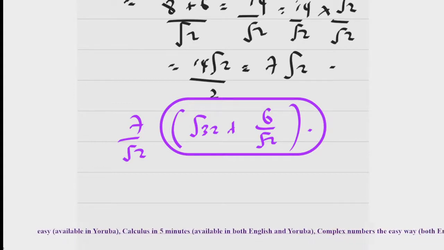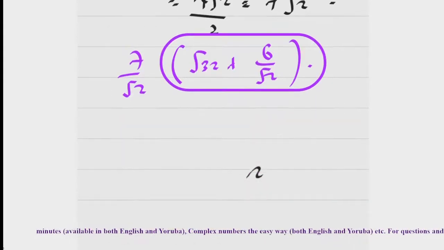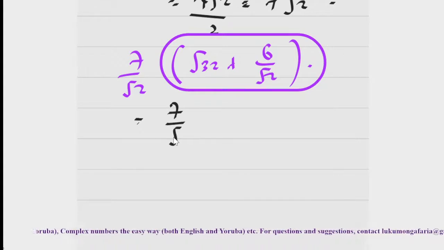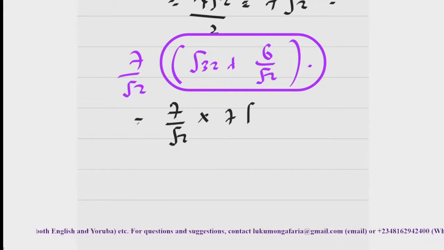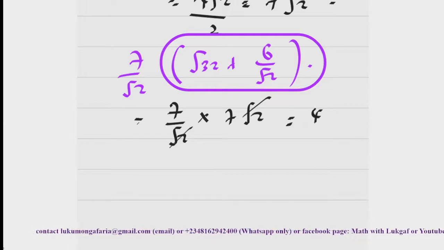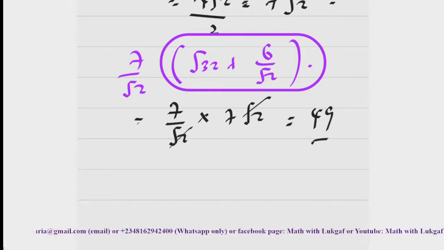So then you can just make your substitution. If you do the substitution, then this is going to give me 7 divided by root 2 multiplied by 7 root 2. You see that this guy cancels this. What do you have left? 7 times 7. That is 49. You can see it is not difficult to do.